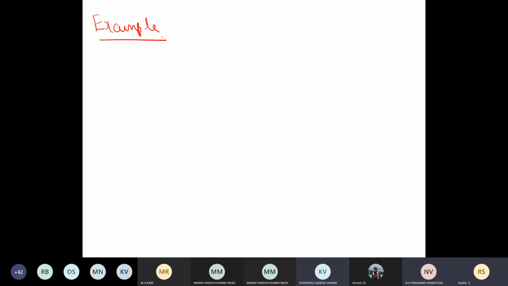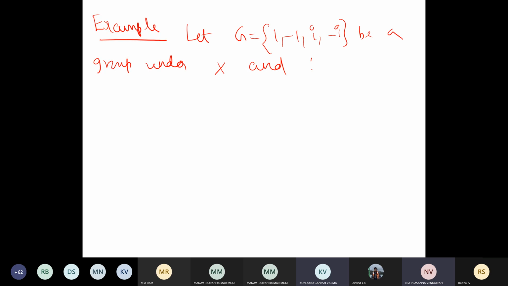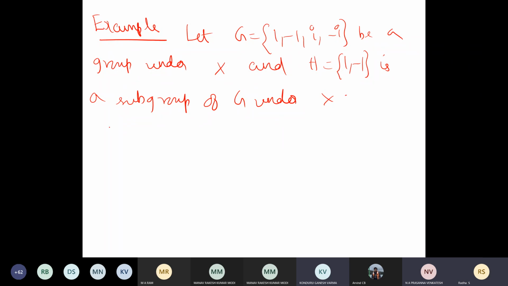One example I'll do. Let G be a group under multiplication, and H equal to {1, minus 1} is a subgroup of G under multiplication.